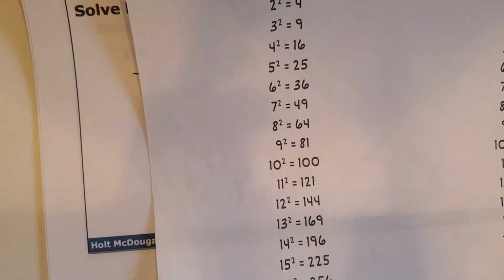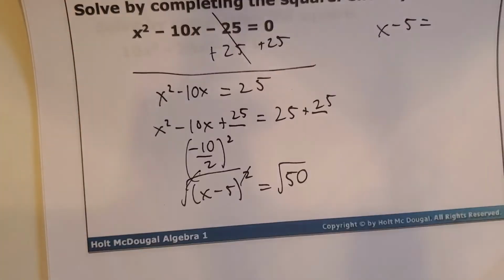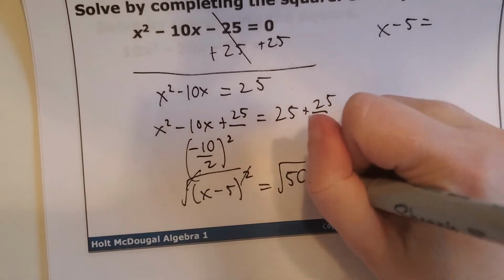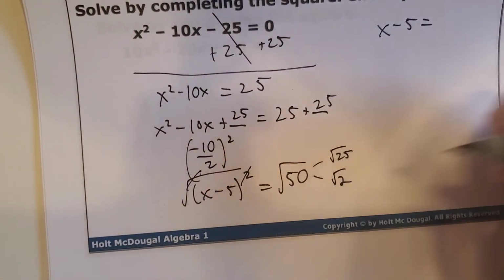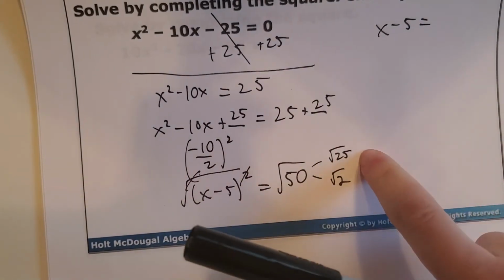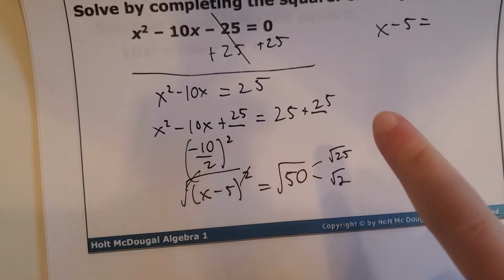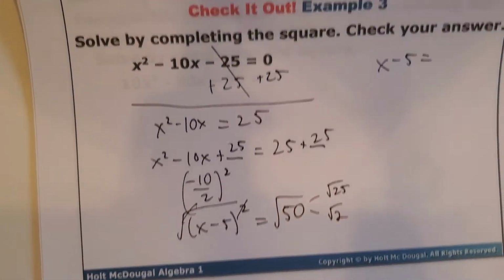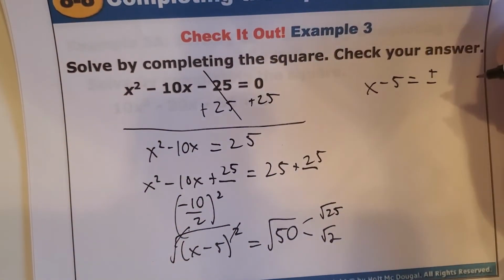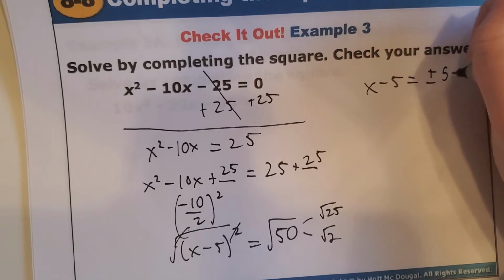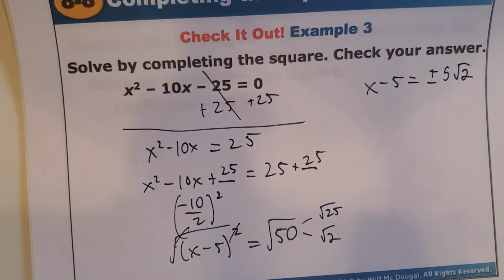So since it has a factor that's a perfect square, we are able to simplify the square root of 50. The square root of 50 breaks down into the square root of 25 and the square root of 2. 25 is a perfect square, so we can evaluate it. The square root of 25 is 5. So the simplified version of the square root of 50 is plus or minus 5 root 2.